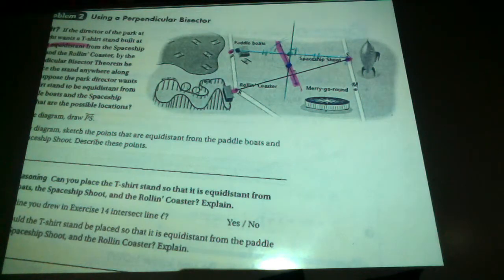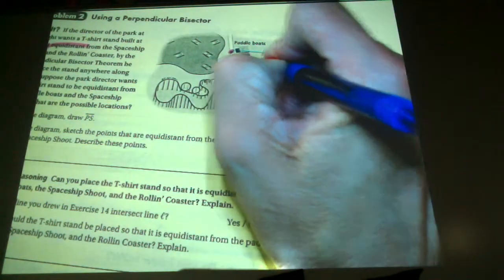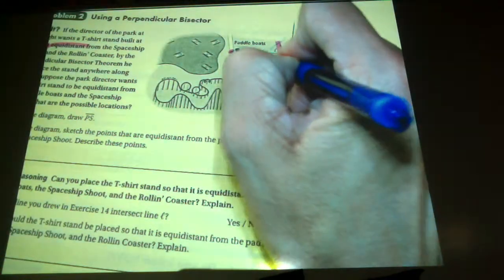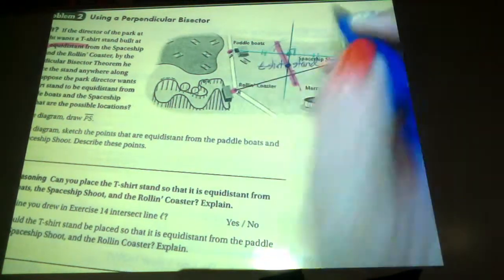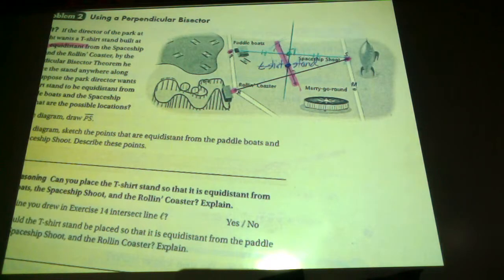If he chose to put that t-shirt stand right here at the purple, then it would be equal distance between all 3 points, because that is the one point that is on both perpendicular bisectors. So it can be done. All right. I think we've answered all those questions in here too.